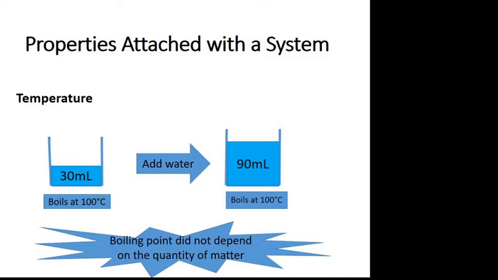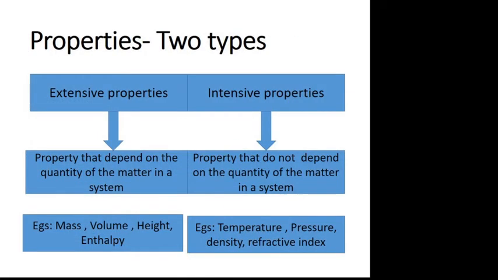So the boiling point of 30 ml water or 90 ml or 1 liter water will always be 100 degree centigrade. That means boiling point does not depend on the quantity of the matter. So based on these observations, you can say that there are two types of properties. One we call extensive property and another one is intensive property.